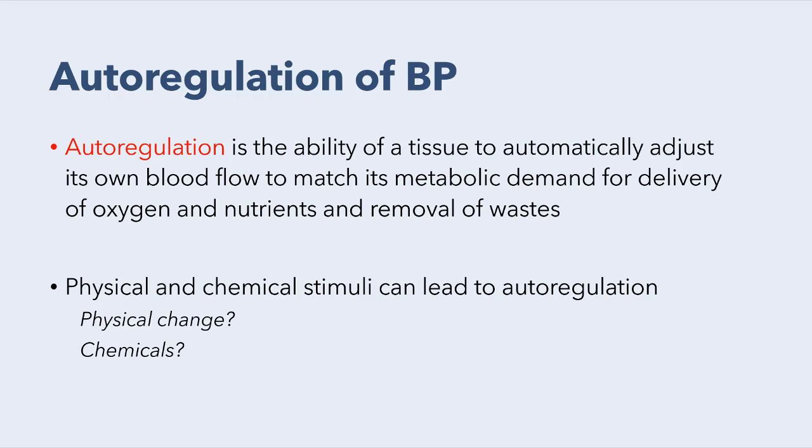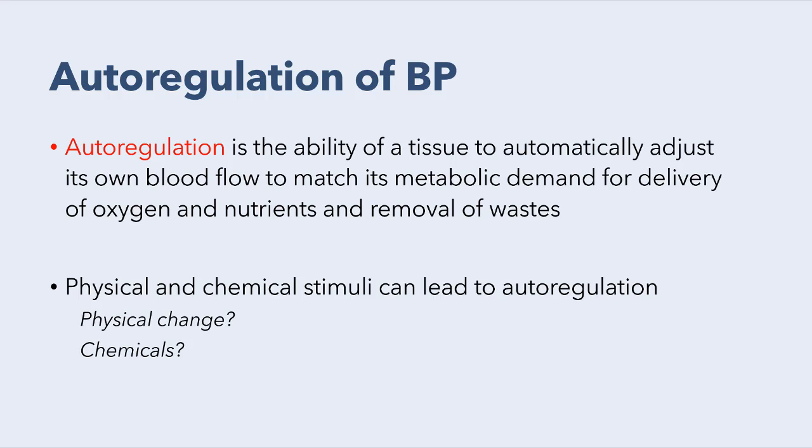I want to bring attention here quickly to the fact that the tissues are able to automatically autoregulate their own blood flow to match their metabolic need. So essentially, oxygen is a principal stimulus for autoregulation. If the tissue needs lots of oxygen, then it's going to automatically adjust how much blood flows through that area.